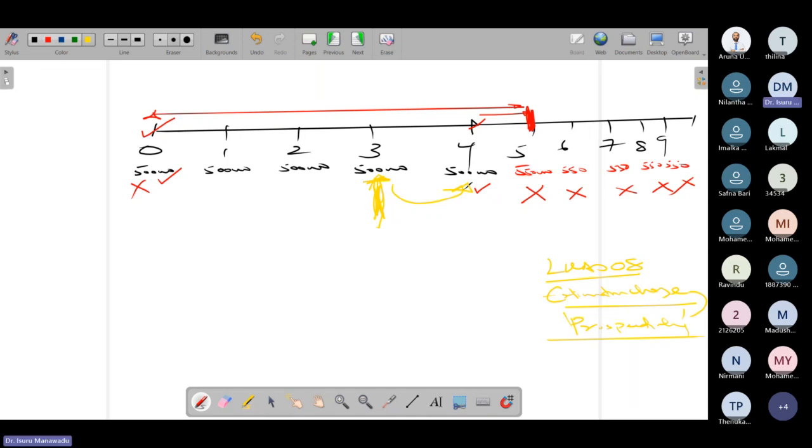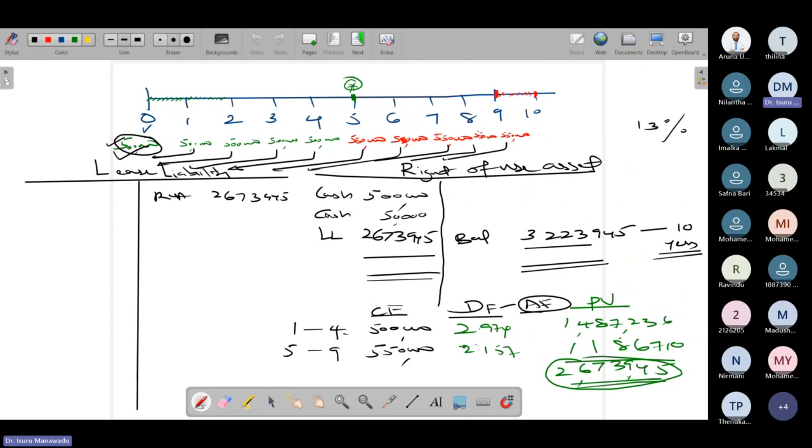Here we have accounting balances at the beginning of the year. The lease liability is the value at the beginning. Then we'll continue up to the third year, and the right of use asset can also be taken as the balance at the end of the third year. So we can calculate it.